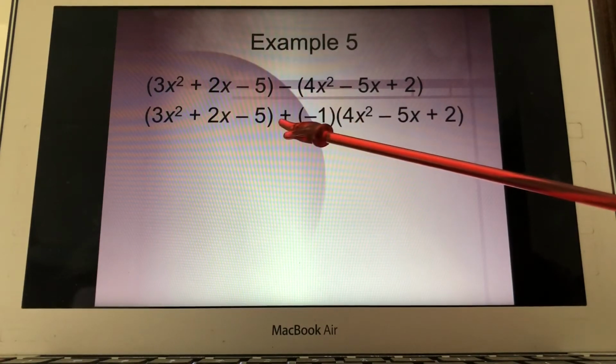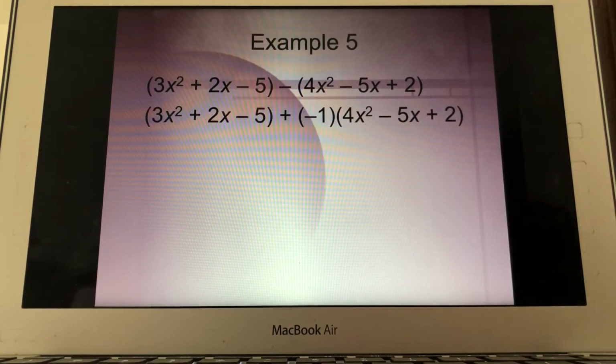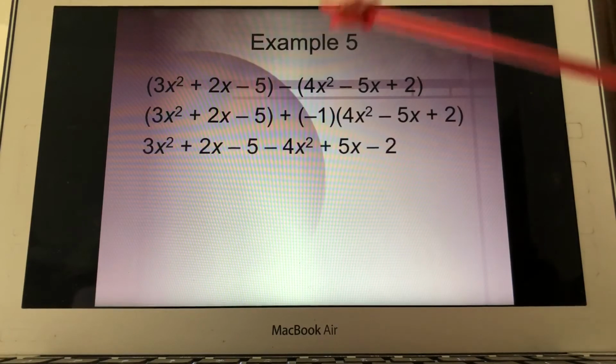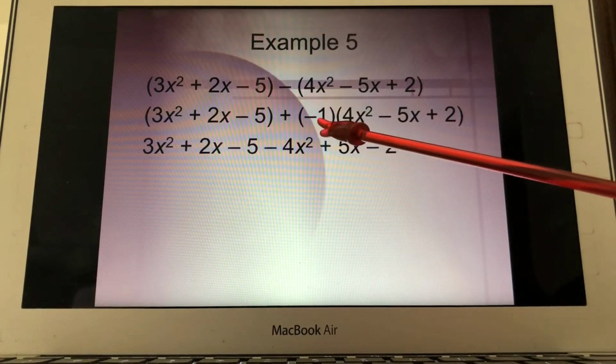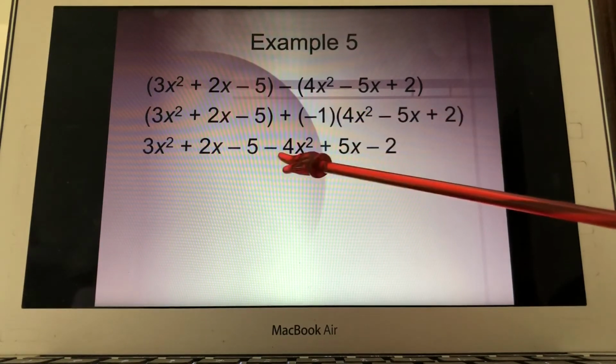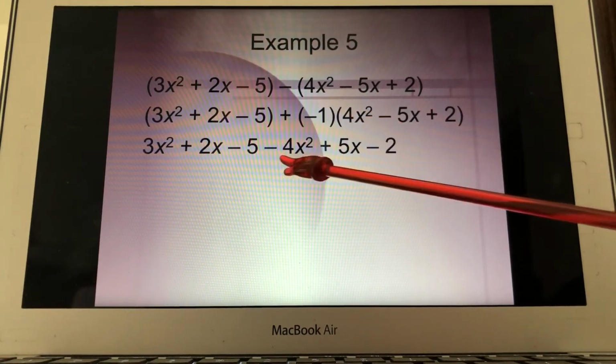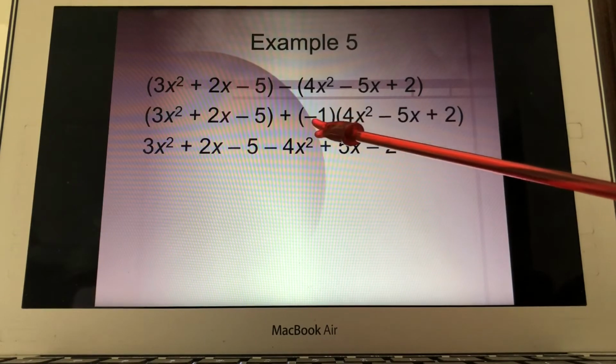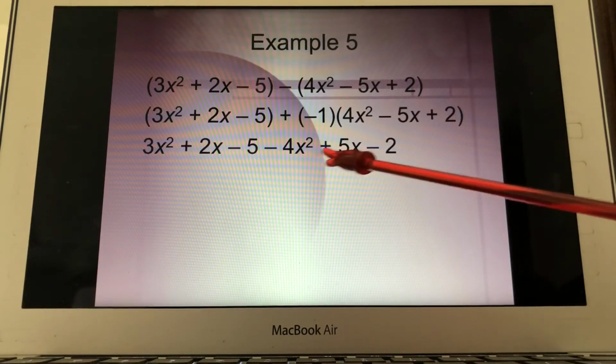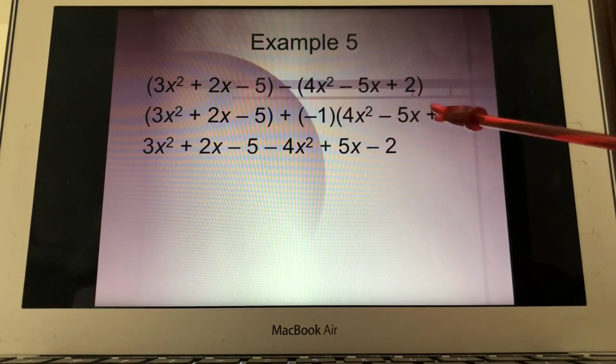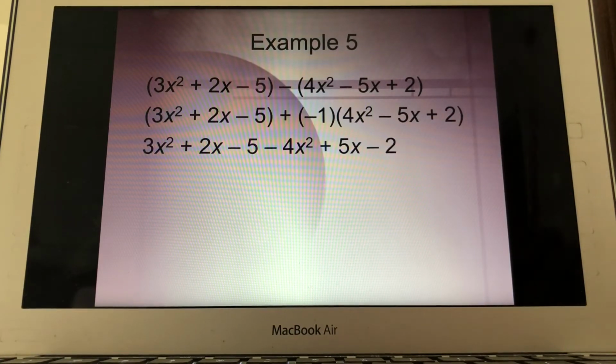And then we're adding them instead. Okay, so here if we distribute the negative 1, we have negative 4x squared. Negative 1 times negative 5 gives us plus 5x. Negative 1 times 2 gives us minus 2.